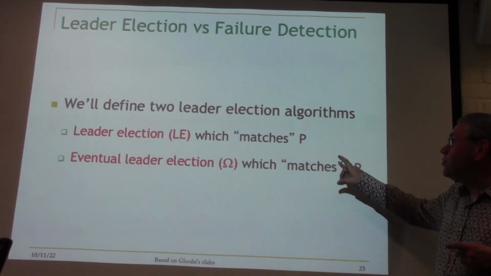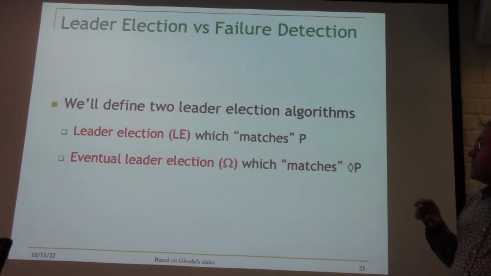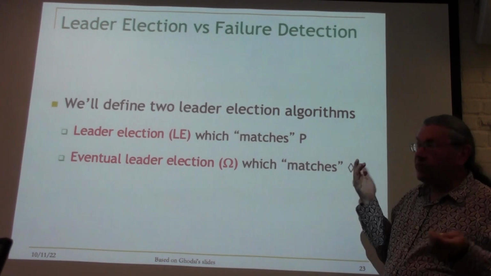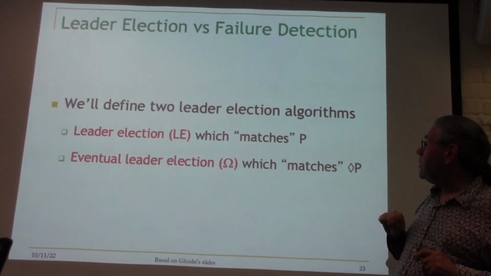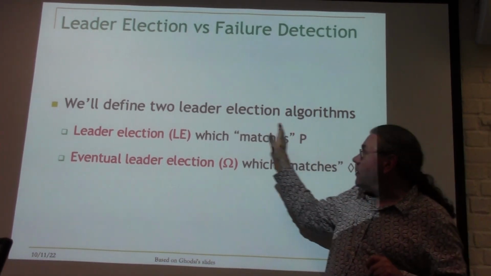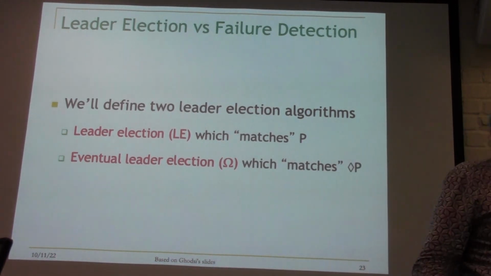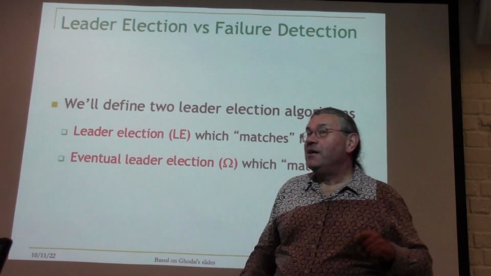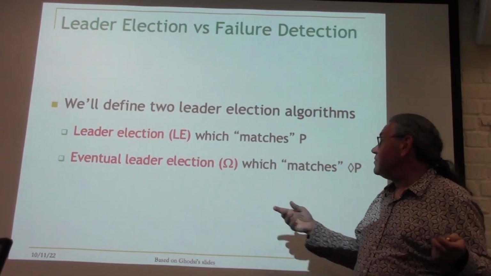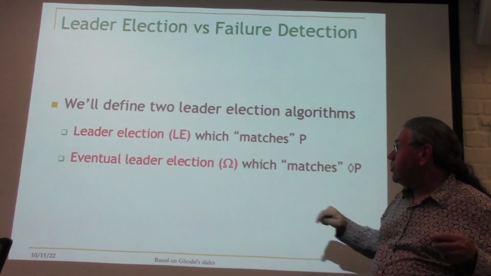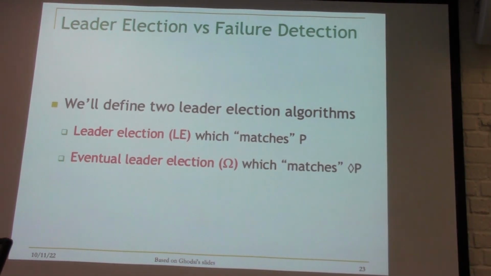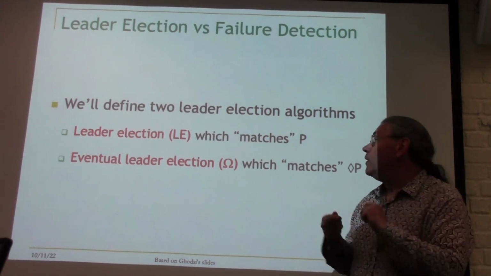And actually there are two algorithms. There's leader election, which is kind of similar in some ways to P, the perfect failure detector. So there's some kind of intuitive connection between the two, but we can also make it eventual. We can make anything eventual. There's an eventual leader election, which means that we don't immediately get the leader without mistakes, but eventually we will.